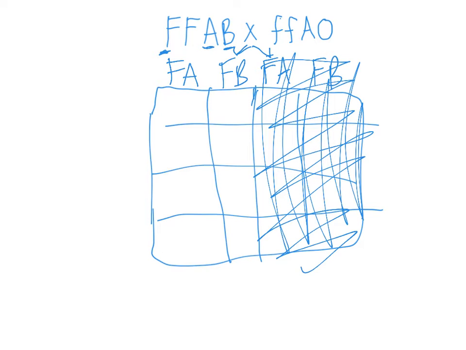And then for the father, all of his sperms will have a little f allele in them, and half of them will have an A allele and half of them will have an O allele.